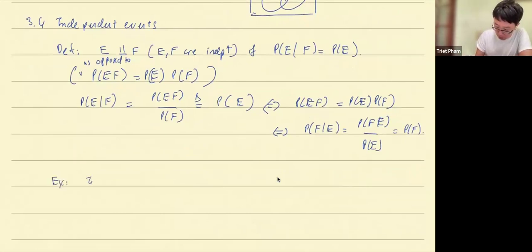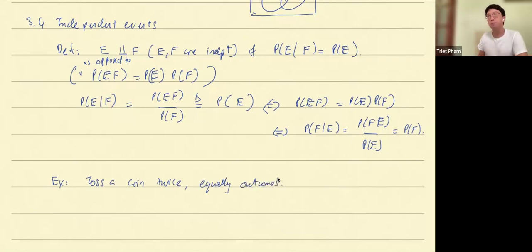Let's say you toss a coin twice, and assume that these are equally likely outcomes. Then the probability of head and tail is 1/4, which will equal P of head times P of tail. Why?